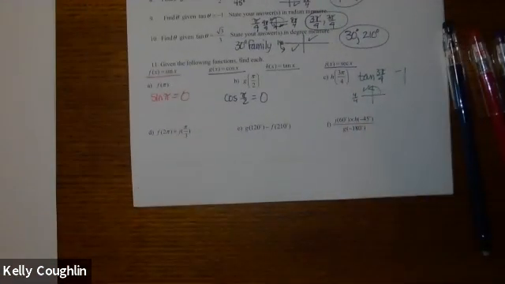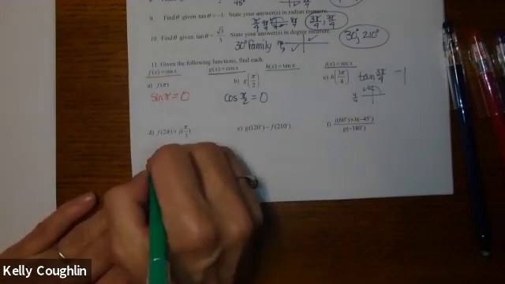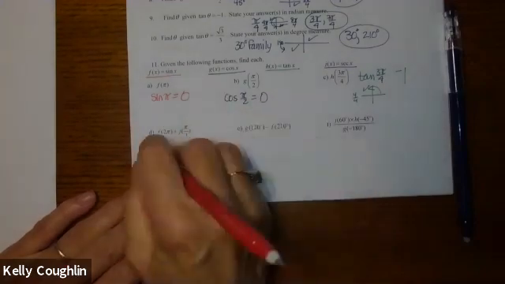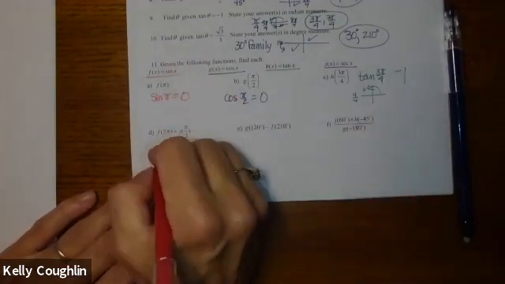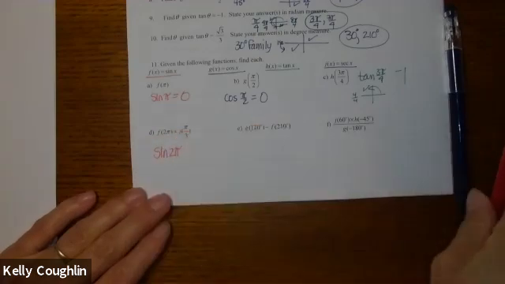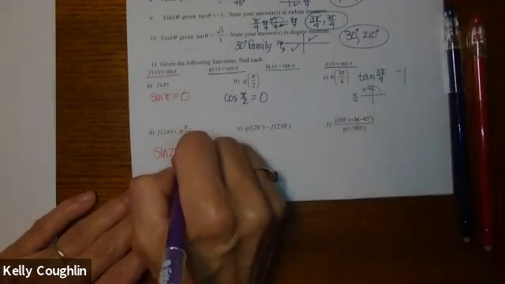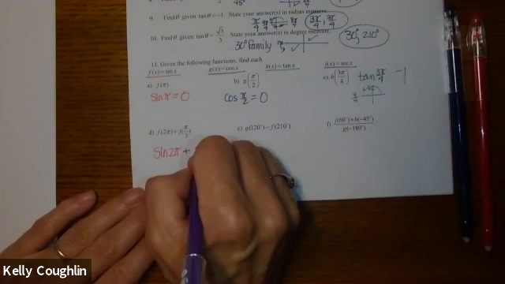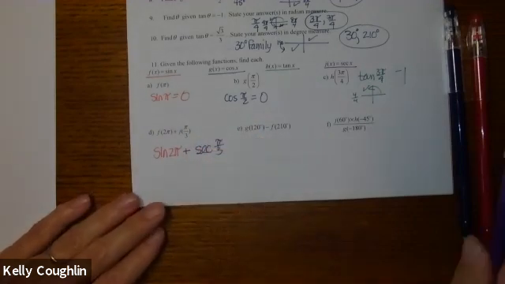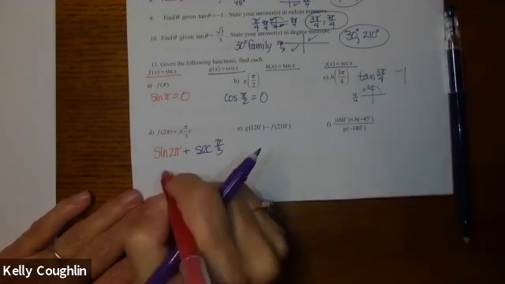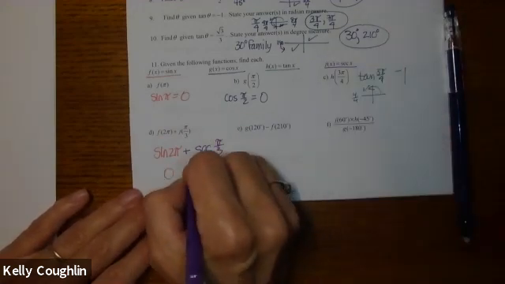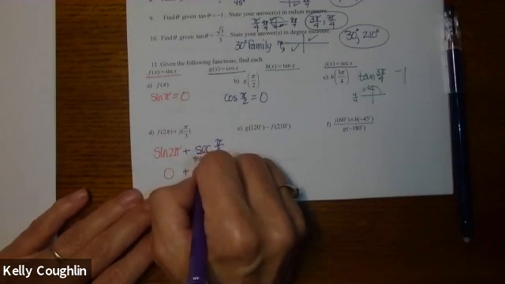What about this one? F of 2 pi plus j of pi over 3. That simply means sine of 2 pi plus j is secant of pi over 3. Now sine of 2 pi is 0. I don't know secant, so I'm going to think cosine.